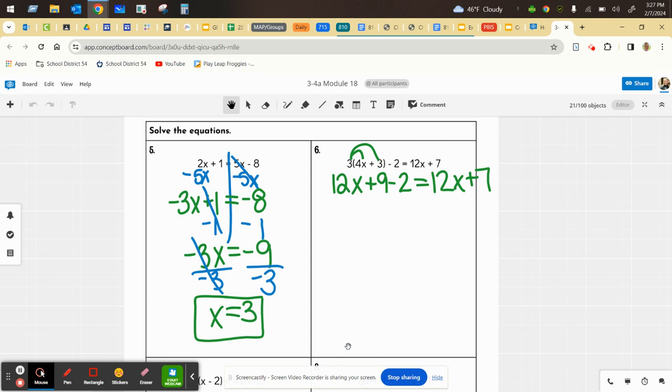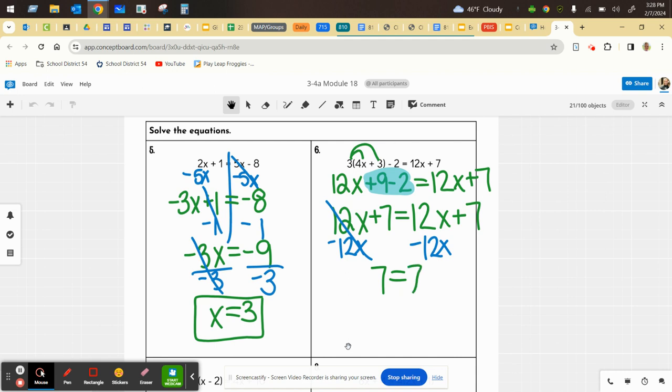I'm going to combine that 9 minus 2. 9 minus 2 will give us a positive 7, so plus 7. You might already be noticing at this point that both sides are the same. We're going to go one step further just to show that when we subtract 12x from both sides, we are left with the same number, 7 equals 7. So this is what we call infinite solutions.